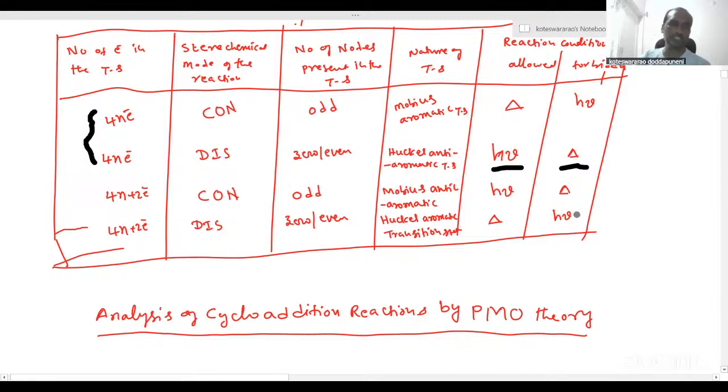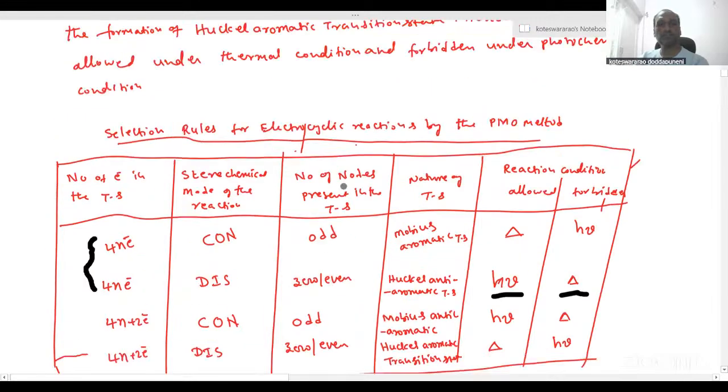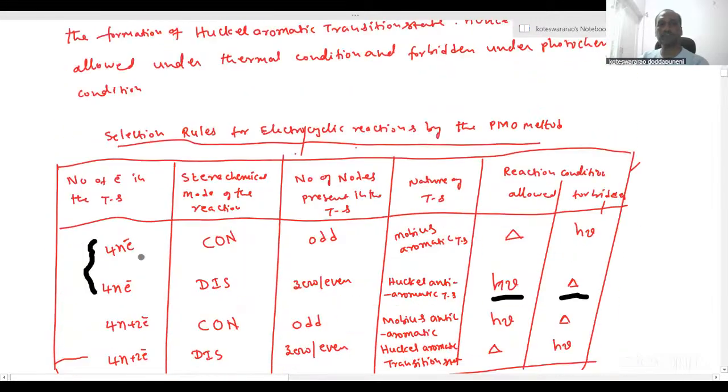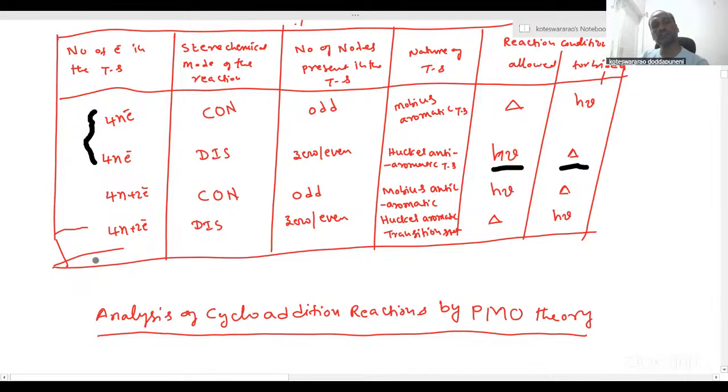Next, the last example, to sum up whatever we have discussed here. The electrocyclic reaction involving 4n plus 2 electrons in the disrotatory stereochemistry is involving zero or an even number of nodes. Then the transition state becomes a Huckel aromatic transition state.